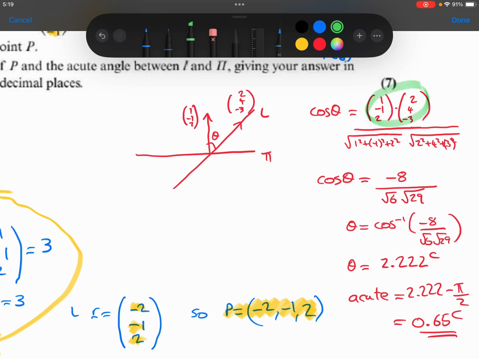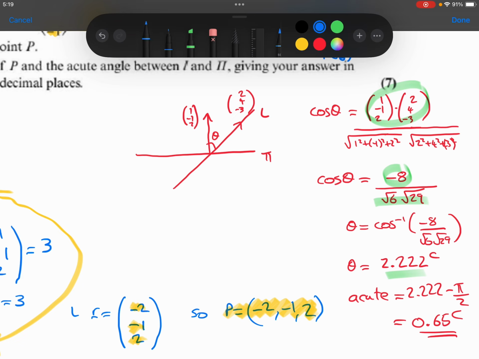The dot product of those two vectors is minus 8. The magnitudes of those two vectors are given here. And when I do cos inverse of that to work out the angle between those two vectors, I get 2.222 radians.